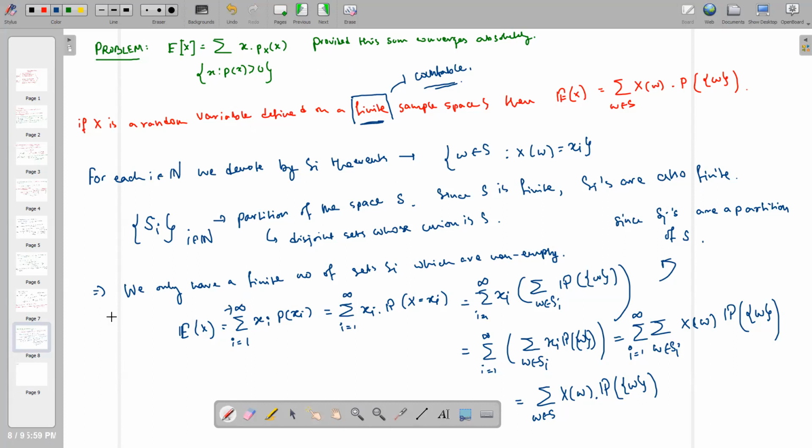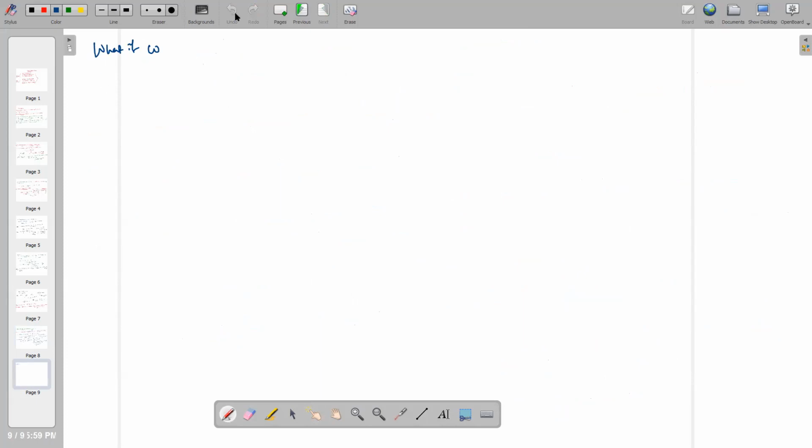So my claim is, let me write this down, the proposition is true even for countable, as long as the expectation of X is well defined, that I have defined earlier, right? What do I mean by well defined?